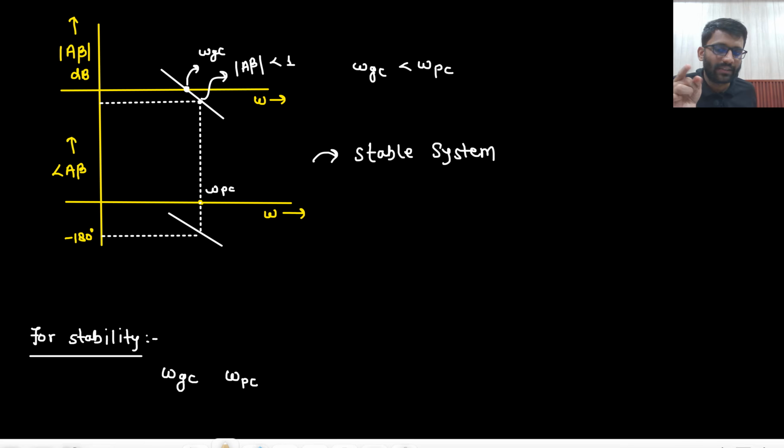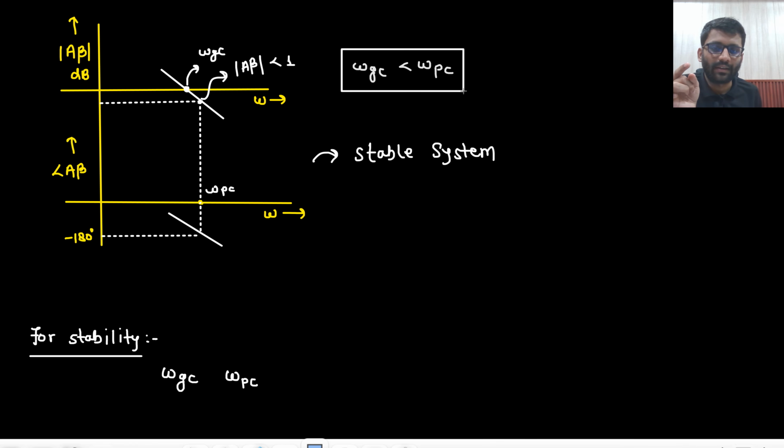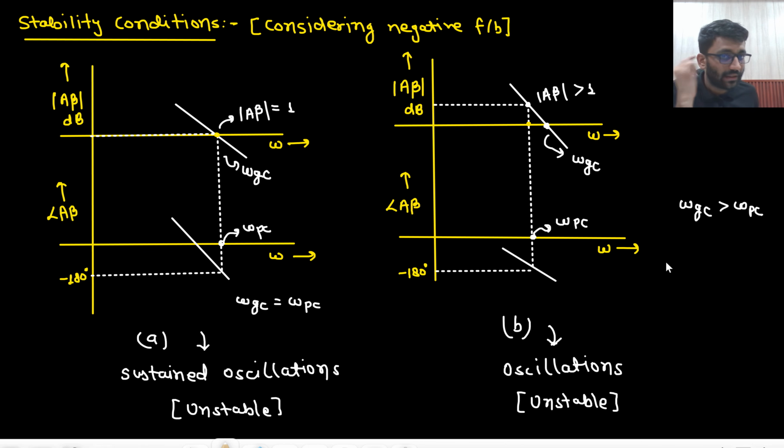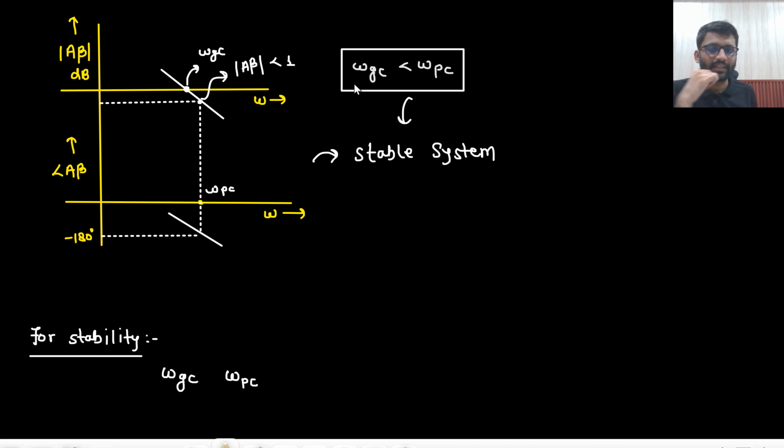In this case, when the system was stable, your omega gc is lesser than omega pc. In other cases, omega gc was greater than omega pc, and here it was equal. So for a stable system, your omega gc should be lesser than omega pc. You don't need to mug it up, okay? If you want to mug it up, you can, because G is less than P, that's it.